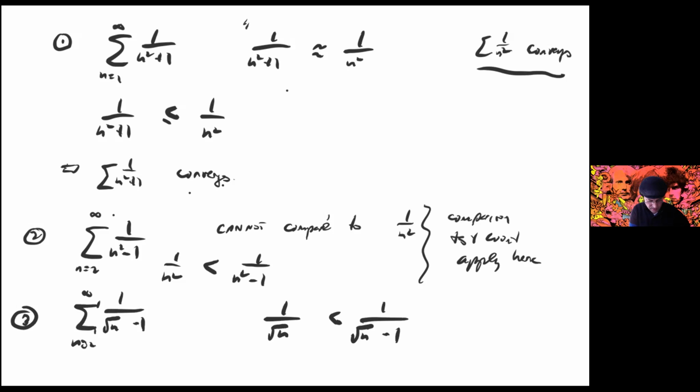And the smaller series, summation 1 over the square root of n, diverges. We saw that by, say, the integral test. So therefore, the series here is going to diverge. Okay, so these are just some examples. Let's continue.